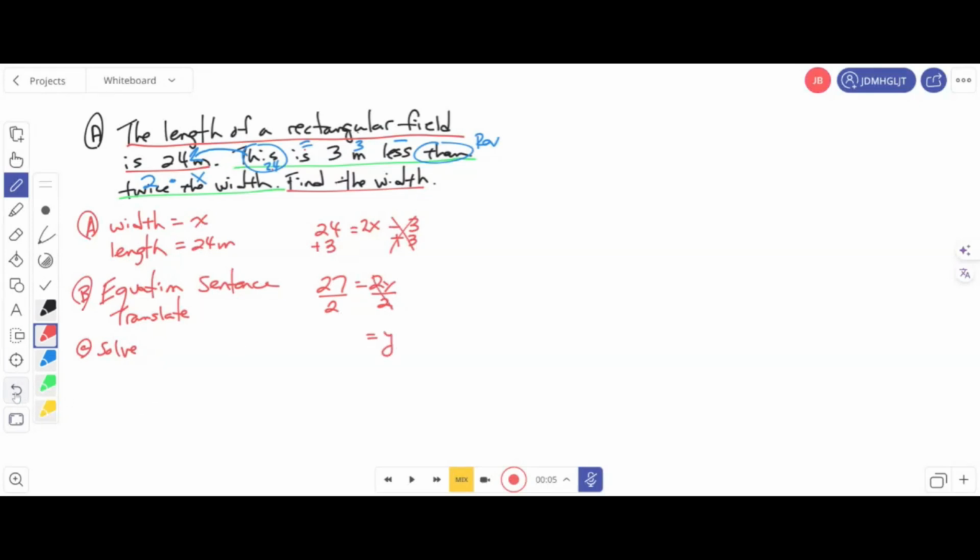And that's not a y, that is an x. 27 divided by 2. 2 does not go into 27 evenly. So we either need to change that to a mixed number. 2 will go into 27 13 times. 2 times 13 is 26 and 1 left over. Or if you punch it in your calculator, you would get 13.5.